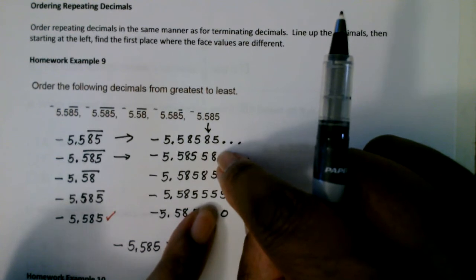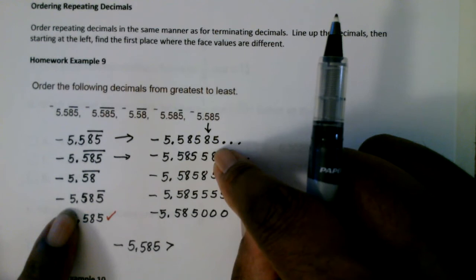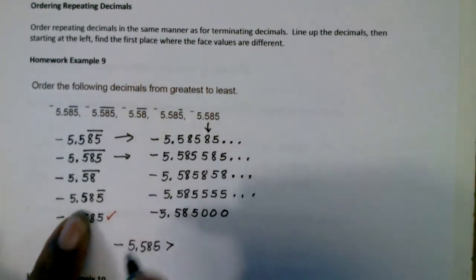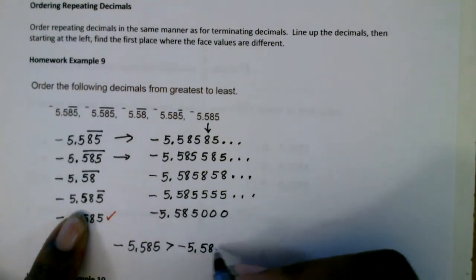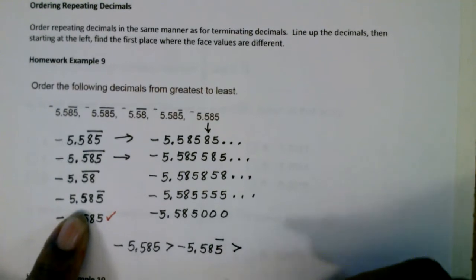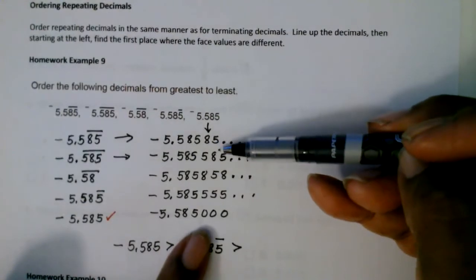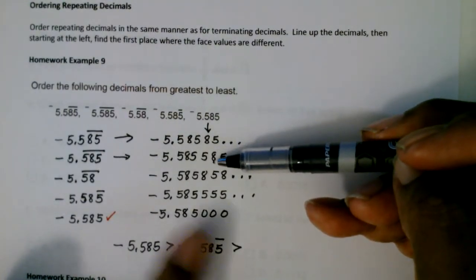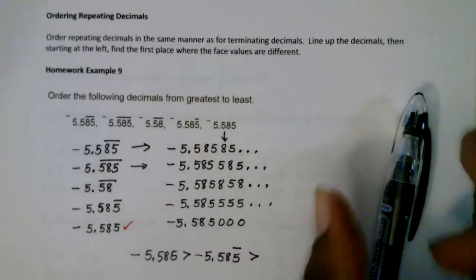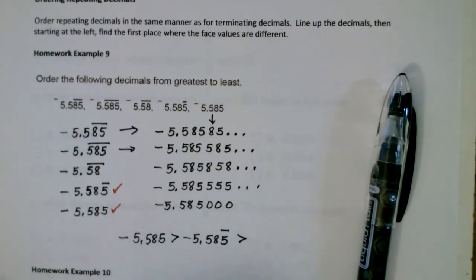The next one is smaller than 8, so that means the next one would be -5.585 where the 5 repeats. Let me put a check mark there so I won't be repeating that.